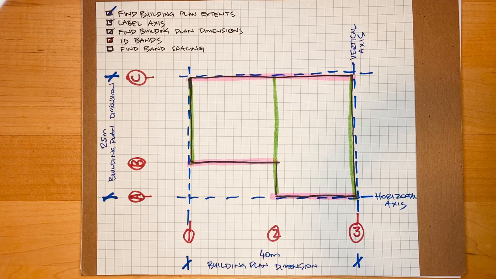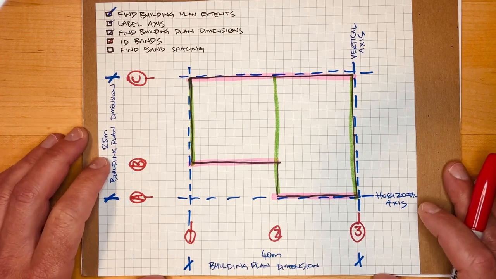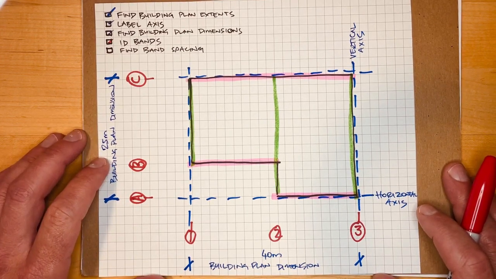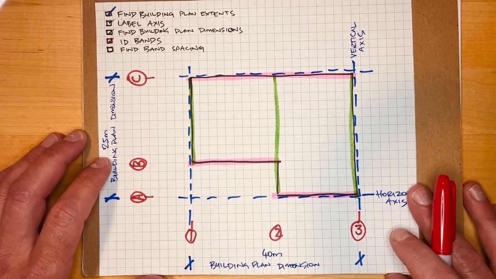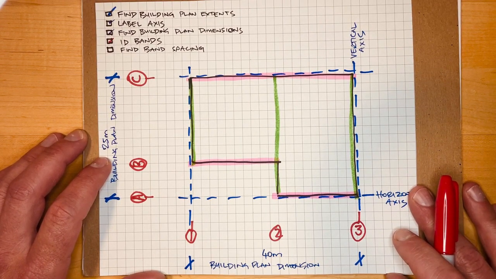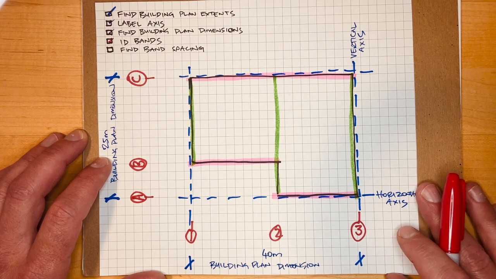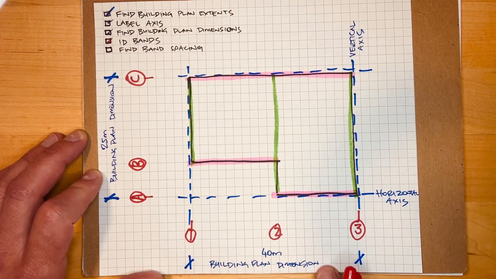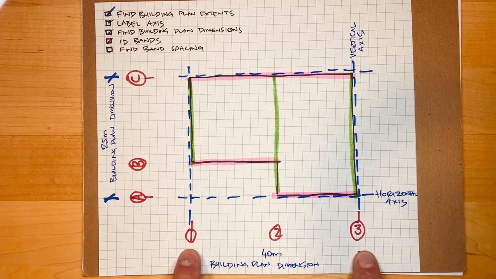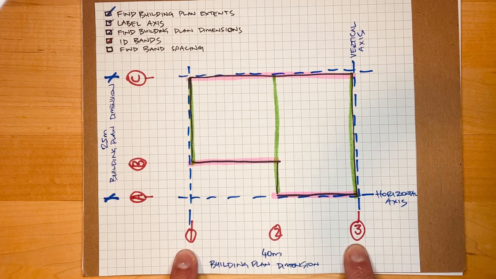And then finally, we need to find the band spacing. To do that, it's a pretty simple procedure. First off, we need to find the distance between the center line of the furthest end bands in each orthogonal direction. Along the horizontal axes here, the furthest end bands are 1 and 3.